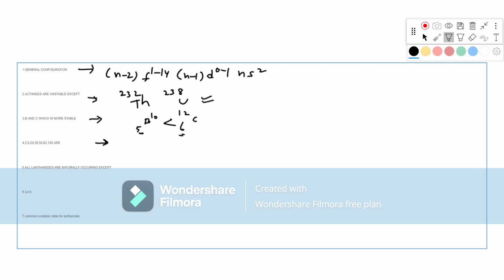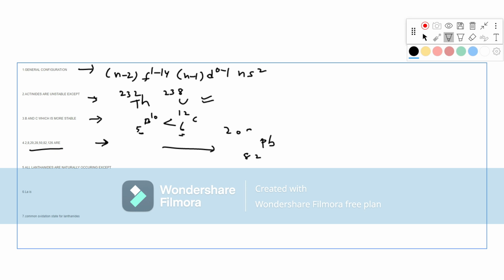Next, magic numbers. These are called magic numbers: 2, 8, 20, 28, 50, 82, 126. You have to remember these numbers, very important for your exam. If the number of protons or neutrons is in this range of numbers, then your nuclei will be very stable. Suppose I am taking lead, Pb 82, 208.